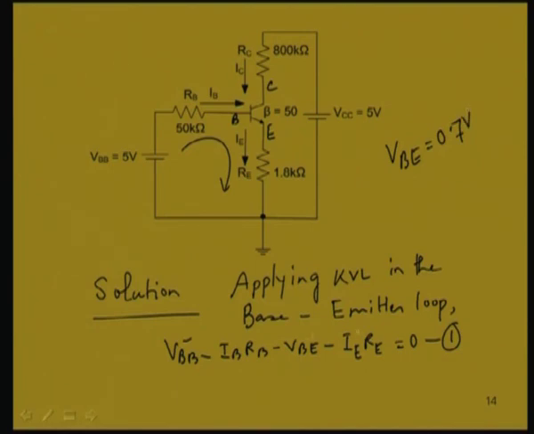IE we do not know, but we can represent it in terms of IB using the fact that IE is equal to IC plus IB. And IC is beta times IB. So, ultimately IE is nothing but beta plus 1 into IB. Representing IE by beta plus 1 IB and putting down the value of RE, the equation becomes VBB minus IB RB minus VBE.